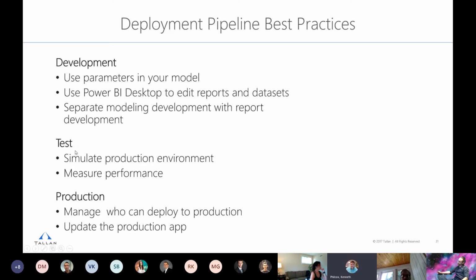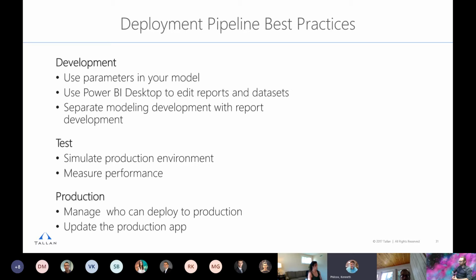So moving on to our test best practices, pretty straightforward here. Your test environment should simulate your production environment. And personally, I think this means in terms of compute power as well, because this is also where you're going to measure performance. From a premium capacity standpoint, you may hear the SKUs involved in that, the P1s, the P2s, the P3s.